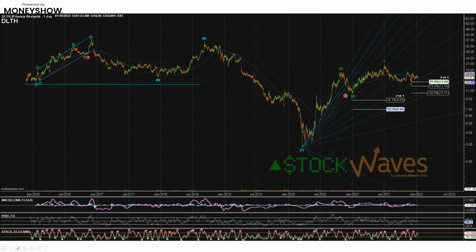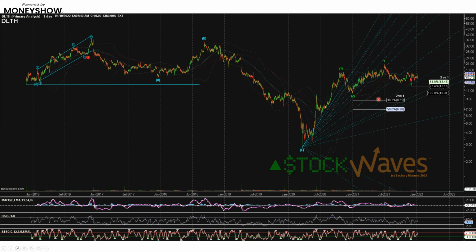So we look at a standard support zone and we show what we think are favorable risk reward setups, and we always recommend that people use stops and size things pretty evenly across the board. Don't go too overweight in any one name or any one sector, because we look at letting the math work in our favor. So by default, almost all of the setups that we look for based on Elliott wave guidelines are going to have somewhere around a 1 to 3 or better risk reward ratio.